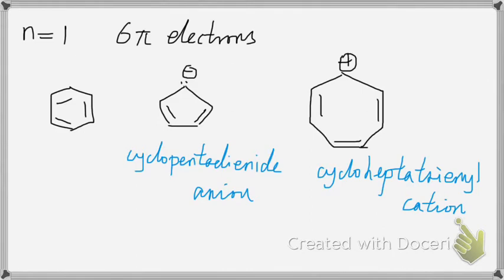The positive charge is like an allylic cation, so you can draw several resonance structures of it. It's fully conjugated. And how many electrons do we have? 6 from 3 pi bonds, right? So all these 3 are the examples of aromatic compounds with 6 pi electrons.